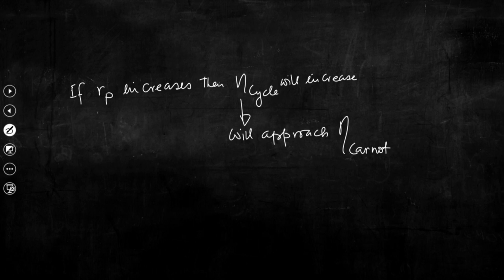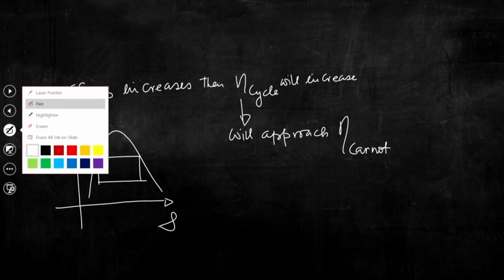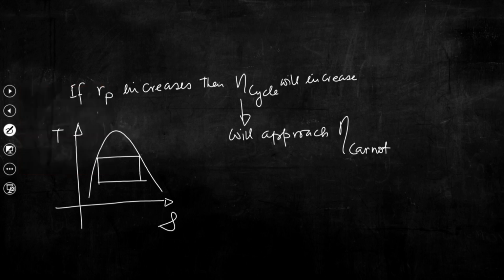So, if we again draw the TS diagram for the Carnot cycle, this is 1, 2, 3, 4. What is the Carnot efficiency?